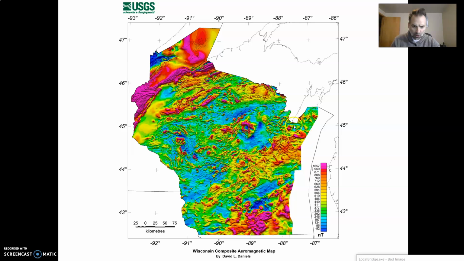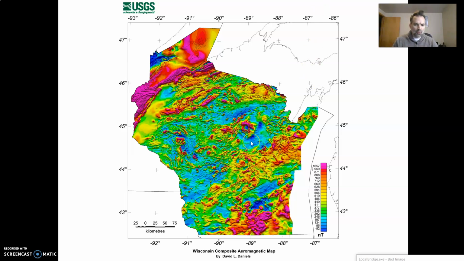A lot of little donut shaped things. I don't know for sure what these are, but you've got to remember the formation of Wisconsin, the Penokean orogeny. A long time ago here, we had a large mountain belt that ran through here.